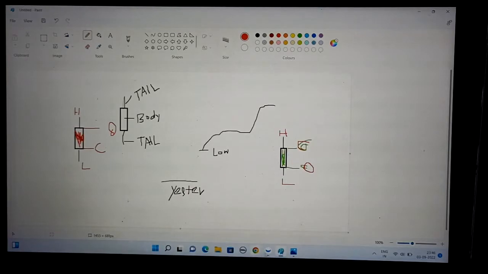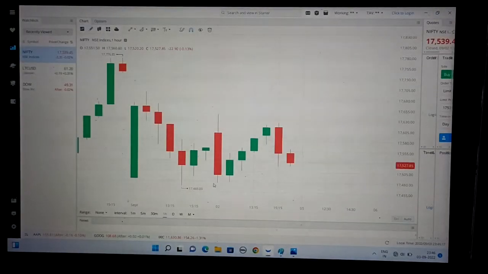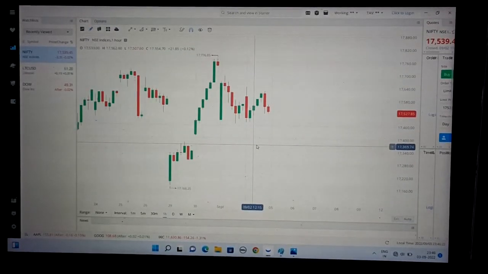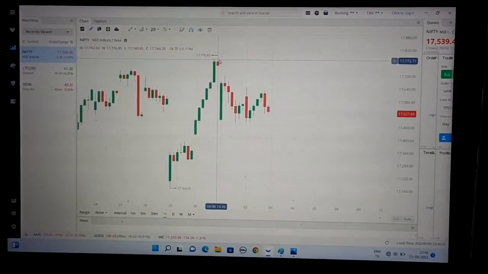Suppose this is the graph. Here, if you see the market from here, the market is in an uptrend, but after this point the market is in a downtrend.